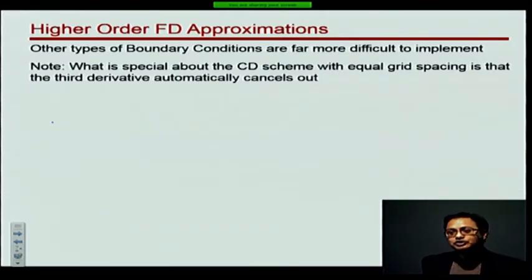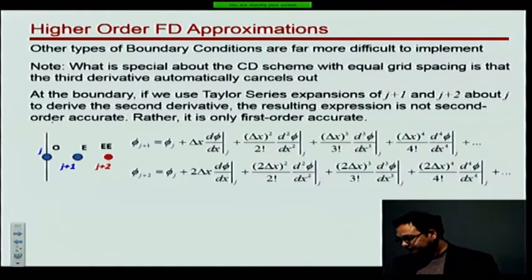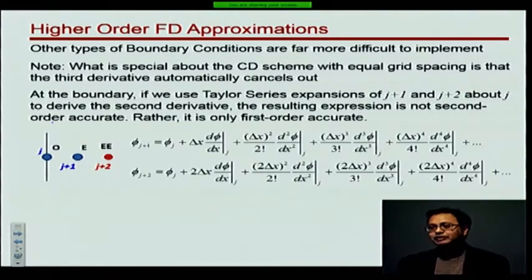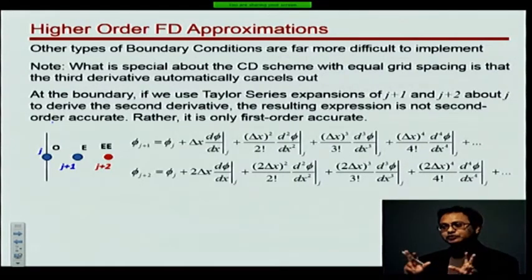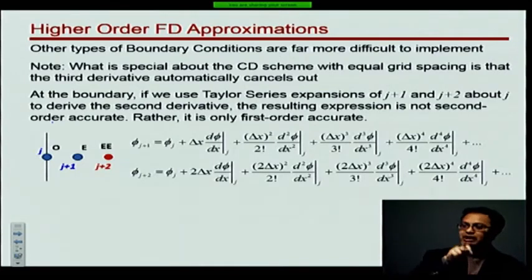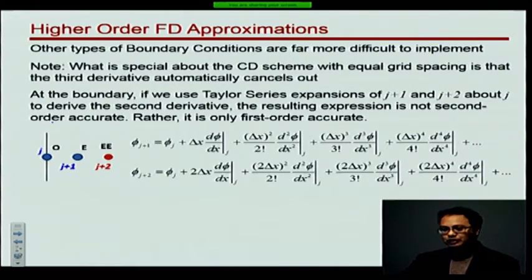Now suppose I did the same thing. Remember, central difference, we are using a total of two Taylor series expansions, one forward, one backward. But let's say we are at a wall and we are again going to do two Taylor series expansions, just like we did for the interior nodes, and let's see what we get.